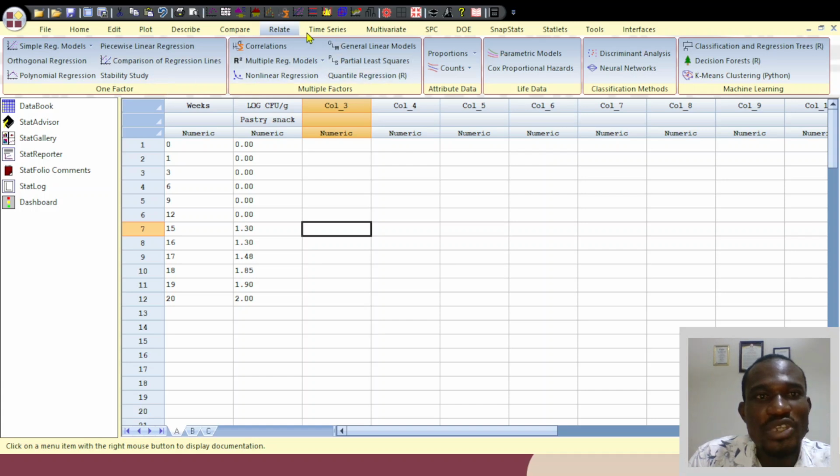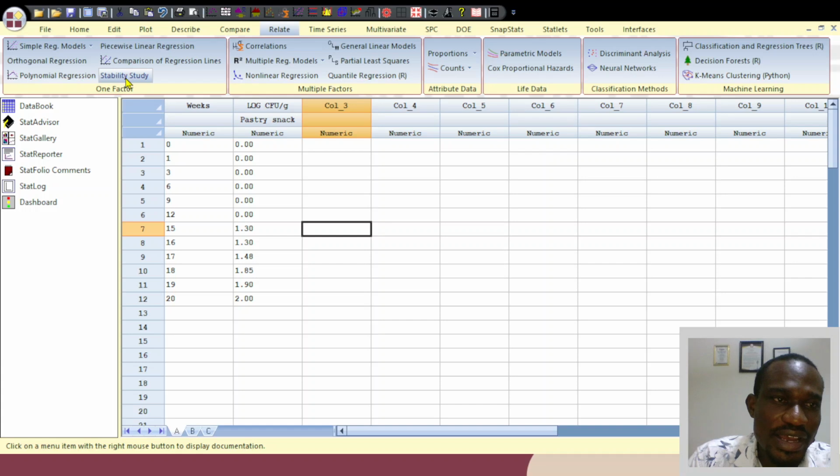And we also have the multiple factors for people who are doing a number of parameters on the same product. Probably you're analyzing the microbial, you're analyzing some physicochemical properties. You can use the multiple factors for such a relation.